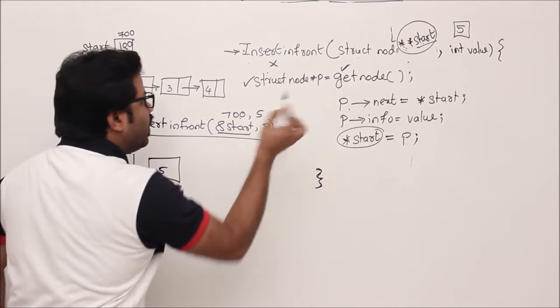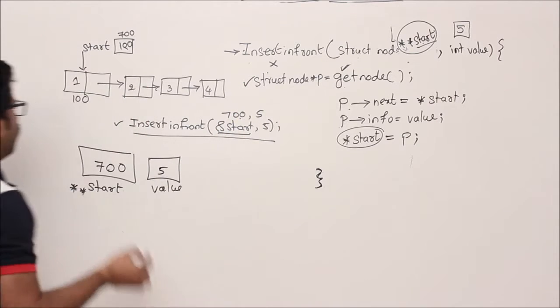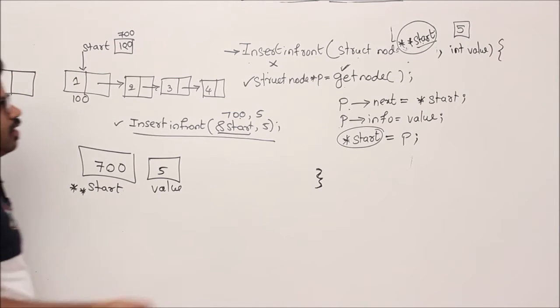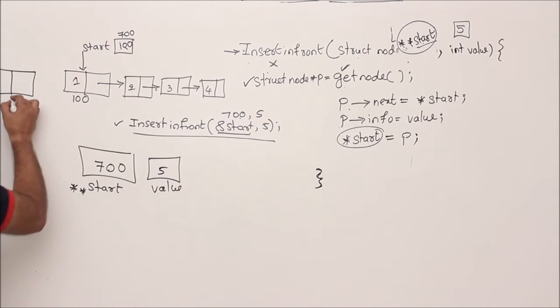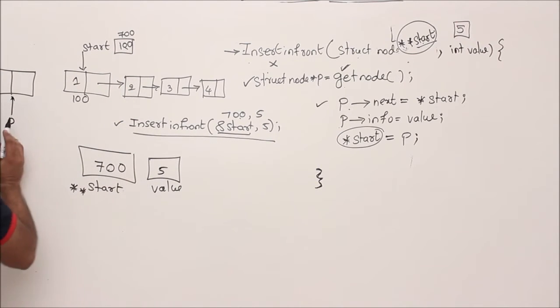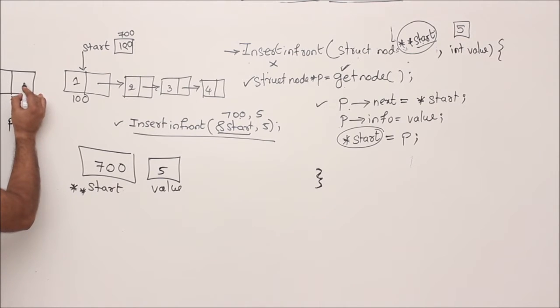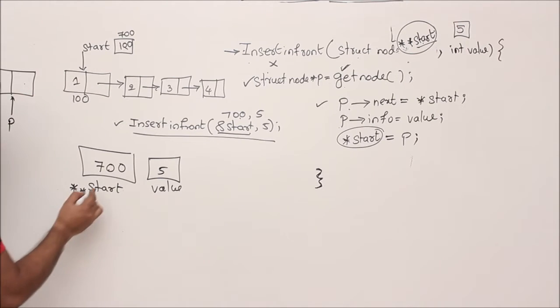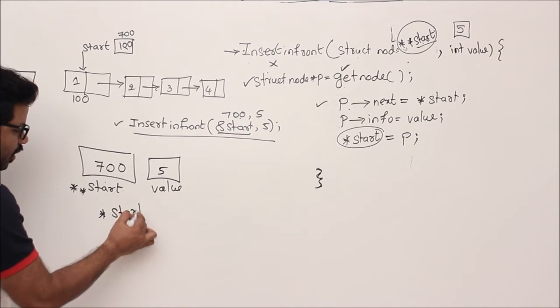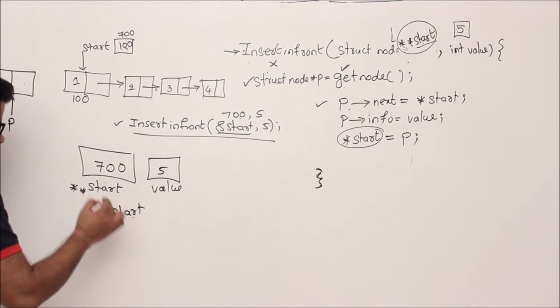Let's execute. First step, create a box, get node. One box will be created. After that, the pointer will be assigned, which is p. Next, p cap next equal to star start. We know that this is p cap next equal to star start. So this is start. Whenever you dereference it, it will go to evaluate that start.